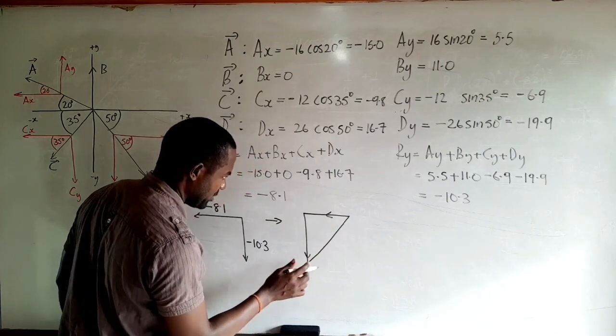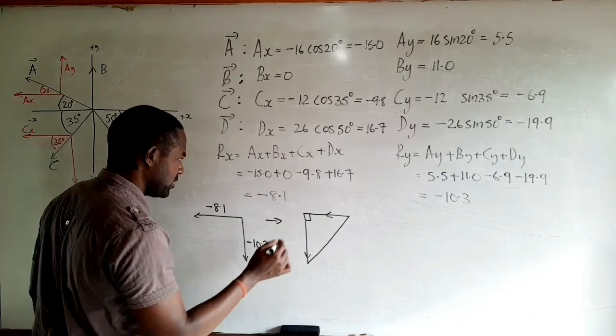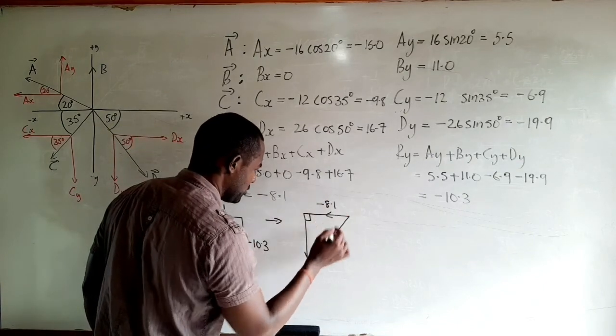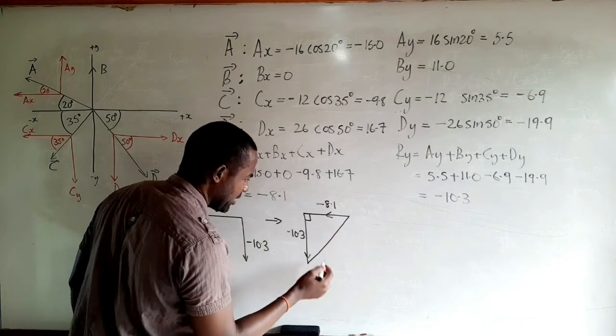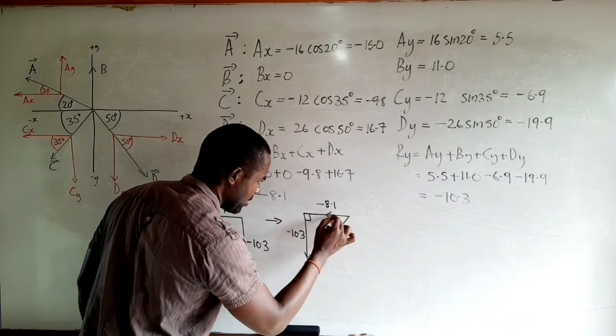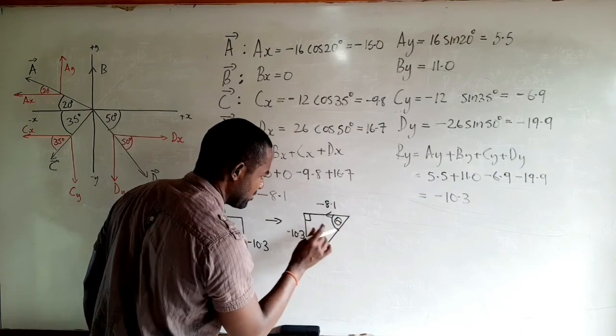Right? So this of course is a right angle. This is minus 8.1 and this is minus 10.3, and let's call this our angle theta, which is given with respect to the negative x-axis.